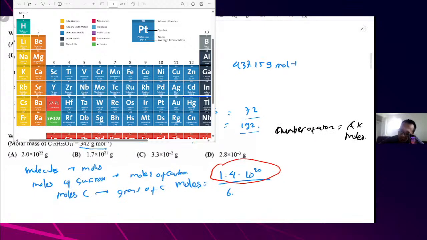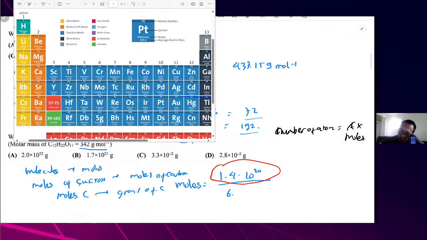So now we determine moles: number of atoms divided by Avogadro's number, which is around 2.33 times 10^-4 mole.